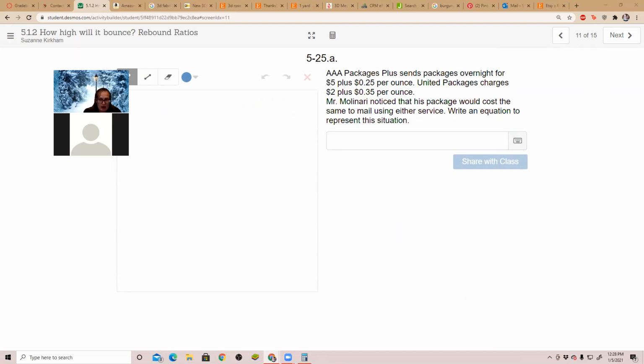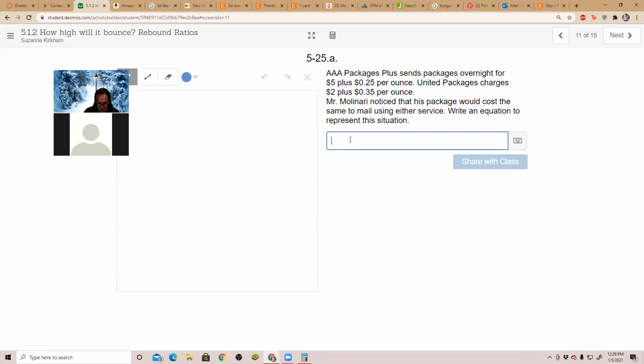Okay, how would we write an equation for this? The hint that we can use is that it would cost the same. So that means that it would be equal. So we can take this information and set it equal to this information.